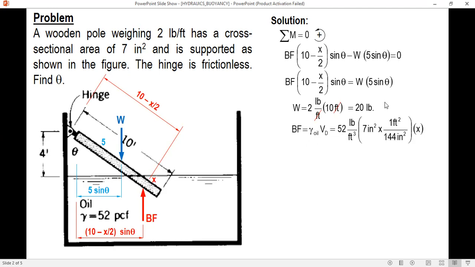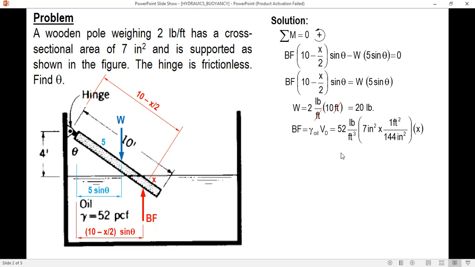52 pounds per cubic feet times 7 inch square times the conversion factor times x. And the feet cube cancels, the inch square converts to feet square, and the feet square and feet make feet cube.